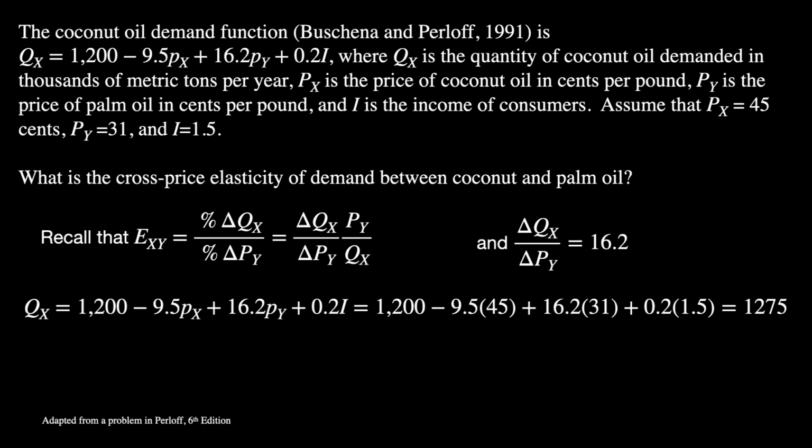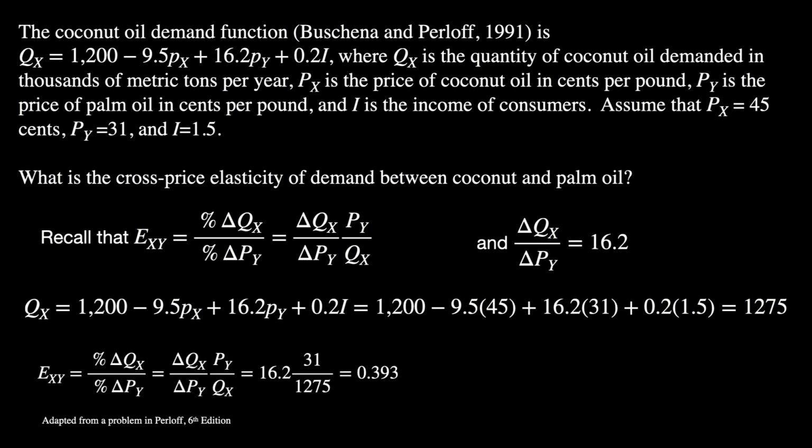Plugging the values for income and prices into the demand equation, we get a quantity of 1,275 metric tons of coconut oil. Now plugging all these values into the cross-price elasticity equation, we find a cross-price elasticity of 0.393. Please answer this question. Does this coefficient imply that coconut oil and palm oil are substitutes or complements? The positive coefficient implies that they are substitutes.